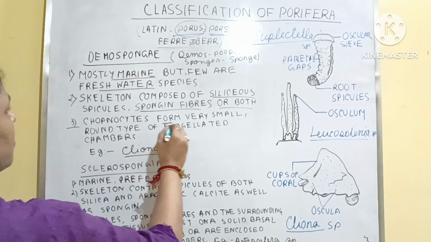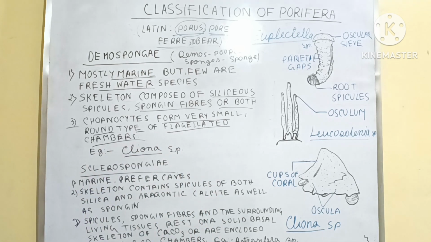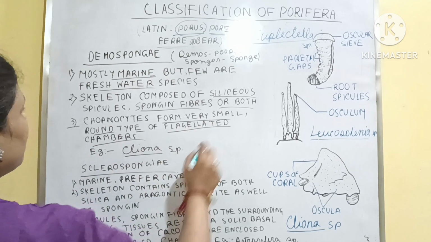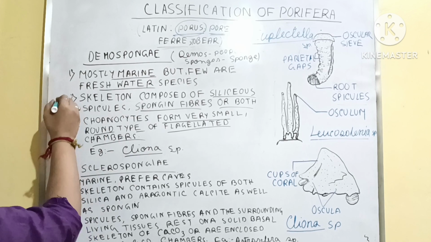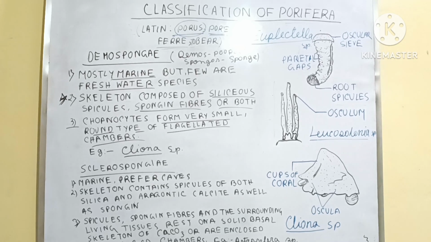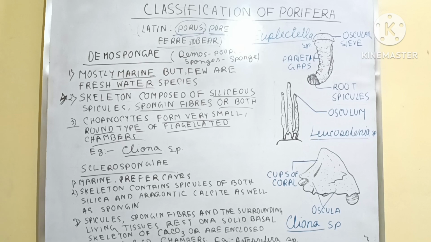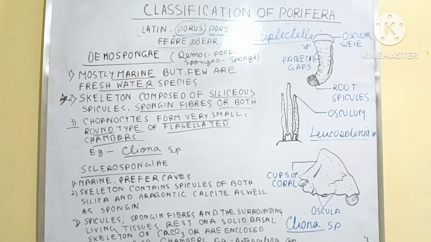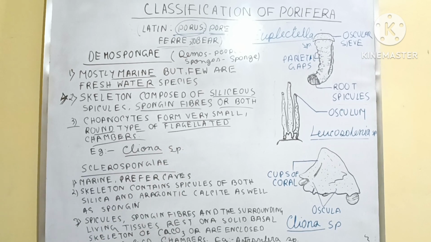These cells form very small and round flagellated chambers. This is the important character, the star marked one, and the other two are 1 and 2, the other characters of the Demospongiae. Example is the Cliona species.